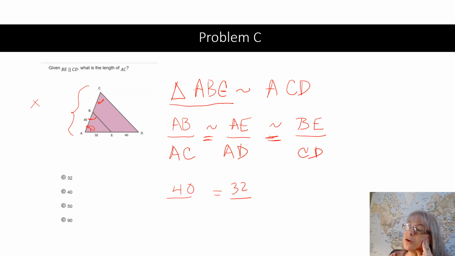Okay? And then I know other ideas, right? So BE, I've got, does that say 32? And then I've got this one, so I could make those substitutions, whatever it is.